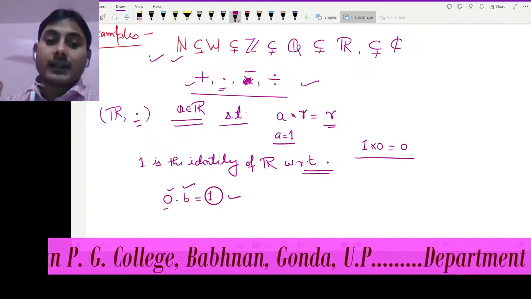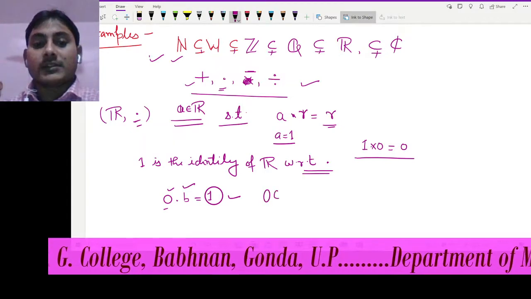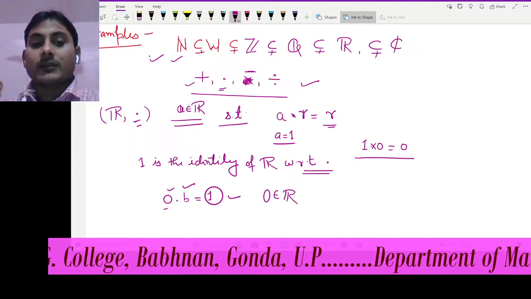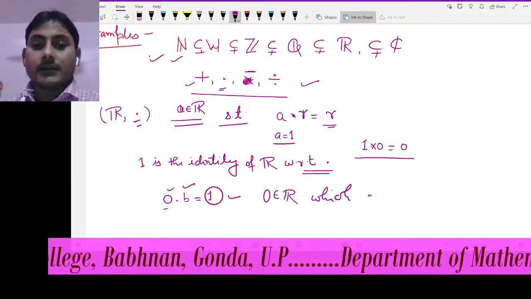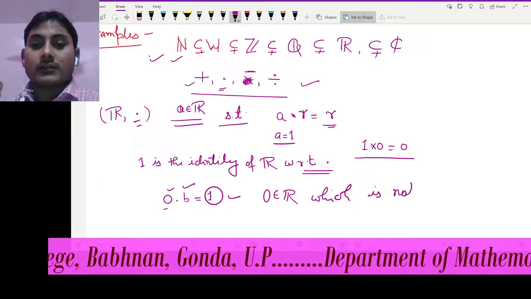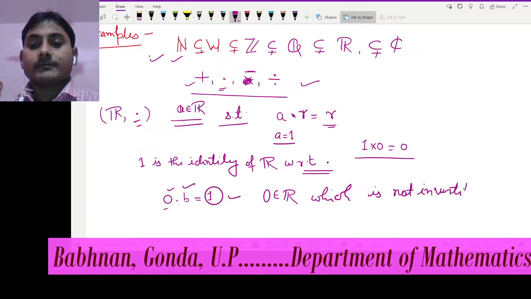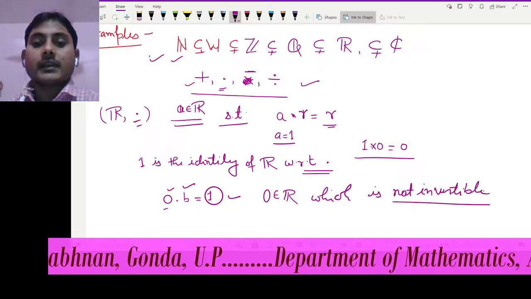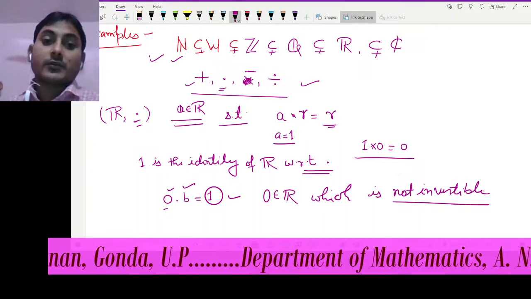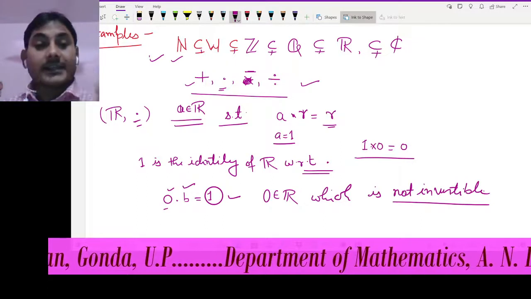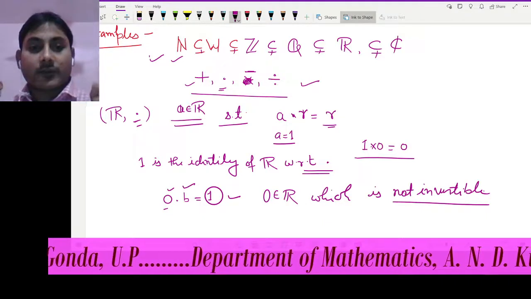That's why we say that here is an element 0 in R which is not invertible. So R satisfies all conditions except the existence of inverses.